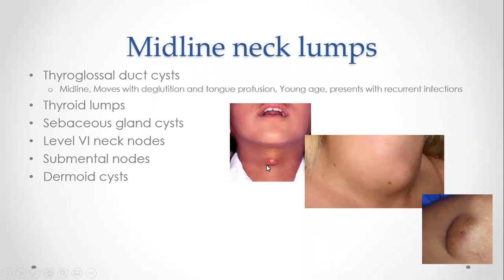This is an infected cyst in the midline, and on examination the swelling moves with deglutition and protrusion of the tongue. Clinically it is very obvious, but we can confirm with ultrasound of the neck. And the treatment is surgery.